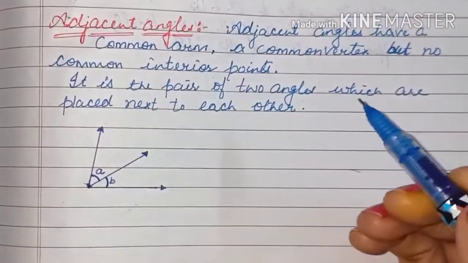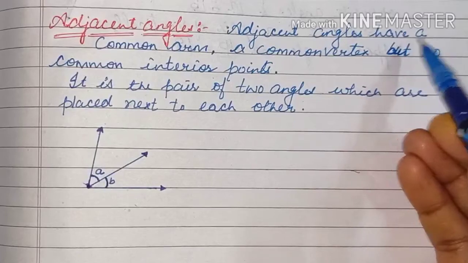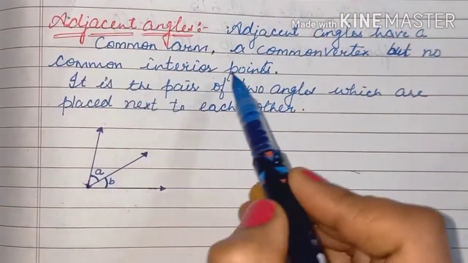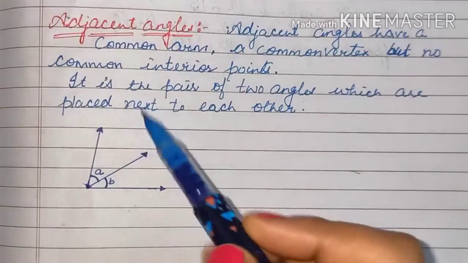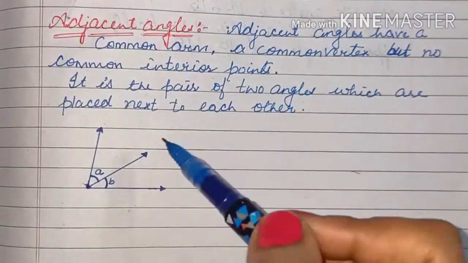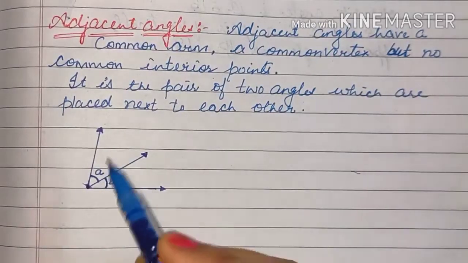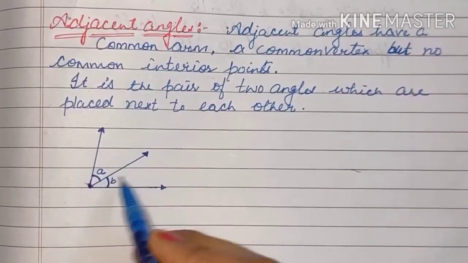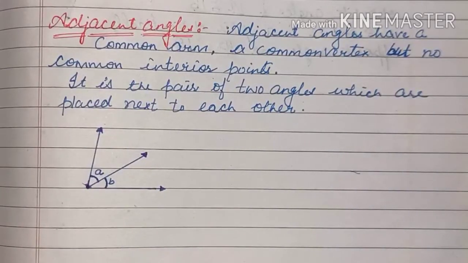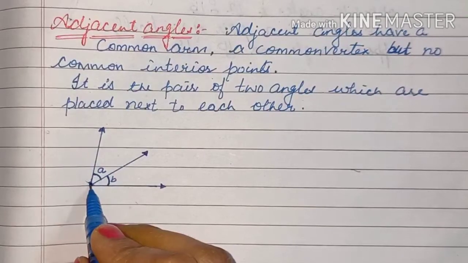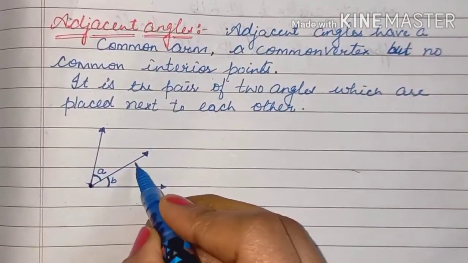Next is adjacent angles. Adjacent angles have a common arm, a common vertex, but no common interior points. So it is a pair of two angles which are placed next to each other. Here in this figure you can see two angles, angle A and angle B. These have a common vertex and one common arm.